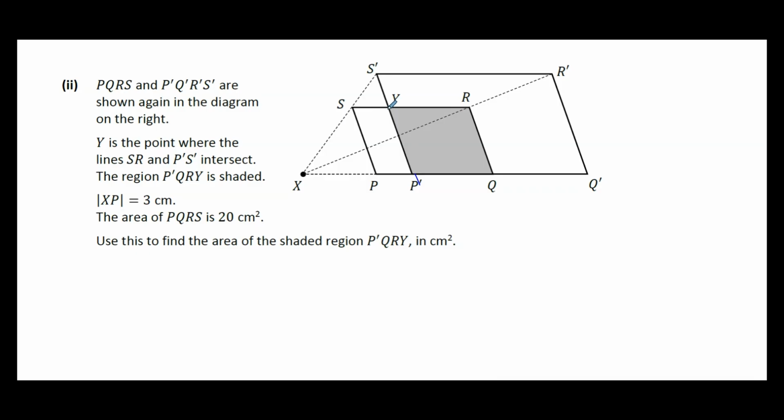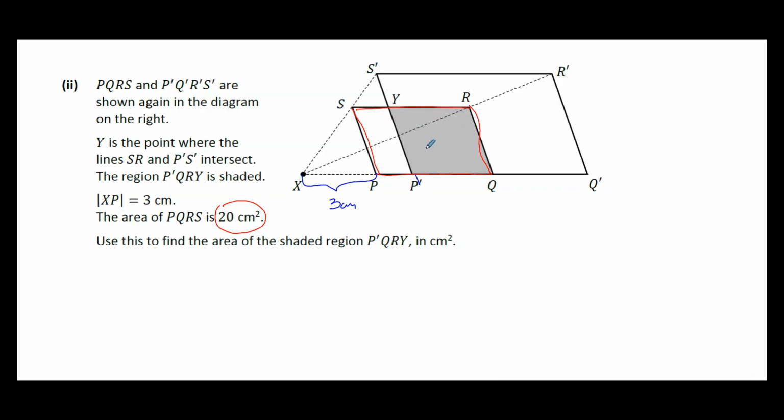So that created the region here that is shaded. Then they give us new information saying that XP is 3 centimeters. Another interesting piece of information is that the area of the parallelogram that isn't enlarged, this one here, is 20. And they are saying find the area of that shaded region.